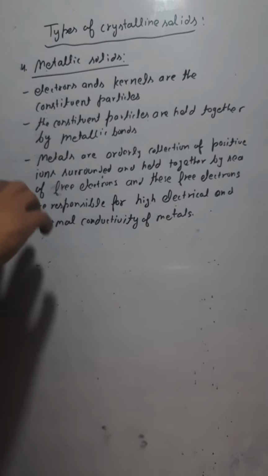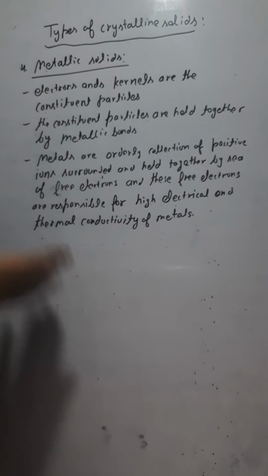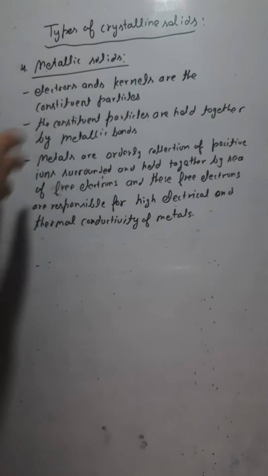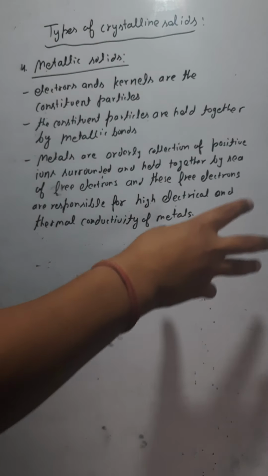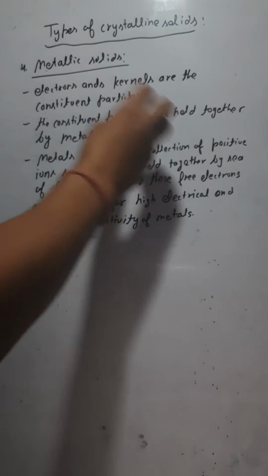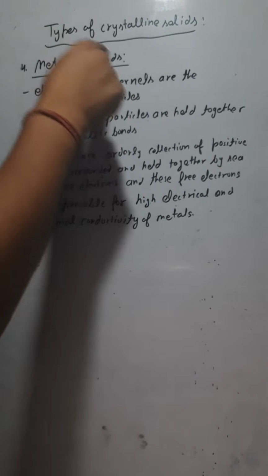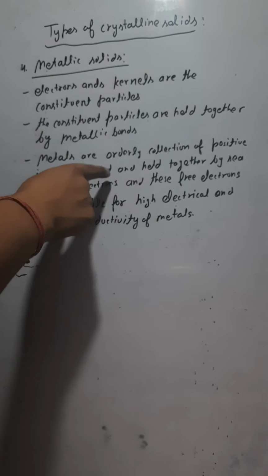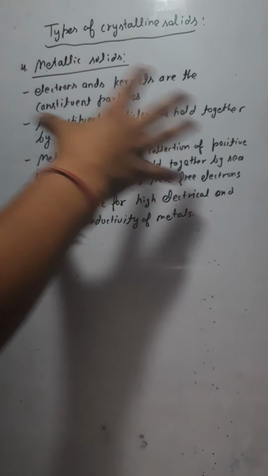And what are metals? If I define metals, metals are an orderly collection of positive ions surrounded by and held together by a sea of electrons.